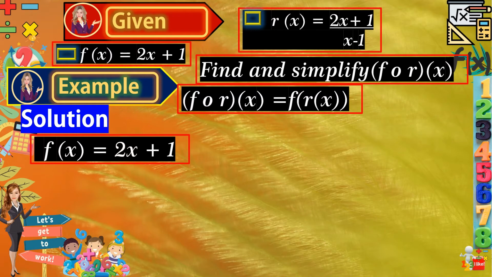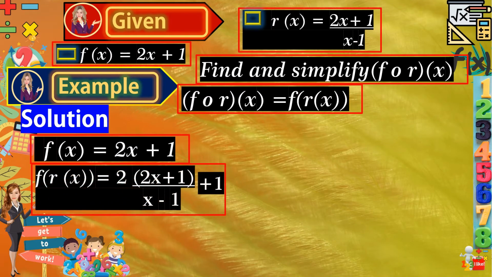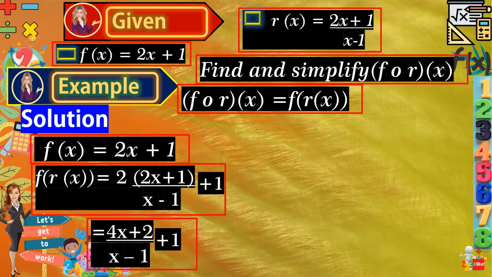Then, we will replace all x here by the value of your r of x, which is 2x plus 1 over x minus 1. Let us multiply 2 to our numerator, 2x plus 1. Then, copy the denominator. So we have 4x plus 2 over x minus 1 plus 1.